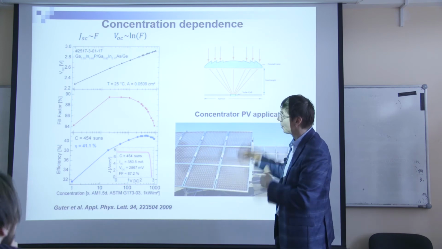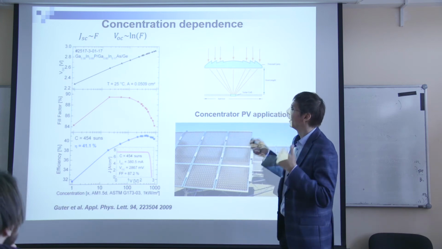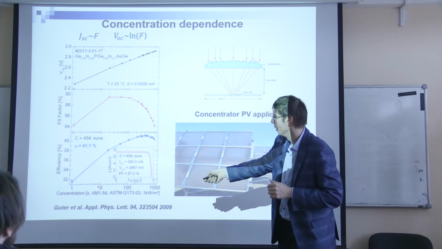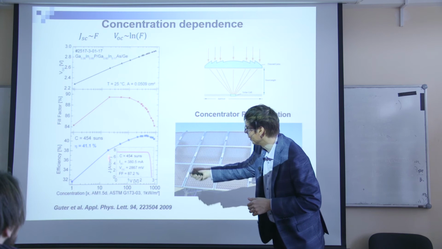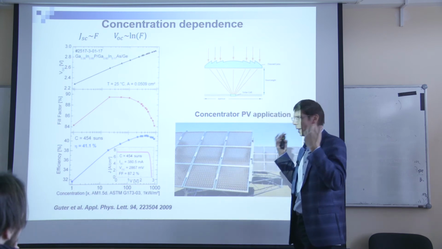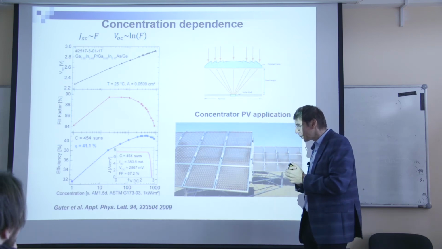Then we can simply change the intensity, some random changing, and say, okay, this point is, for example, let's say 20 suns. So you should understand that it's some kind of slang.